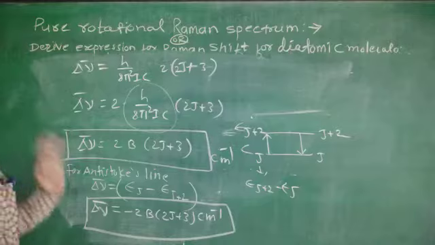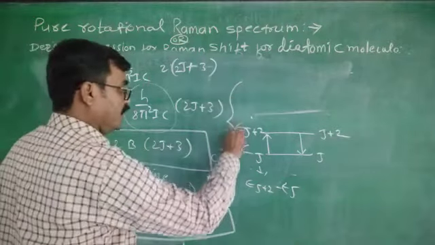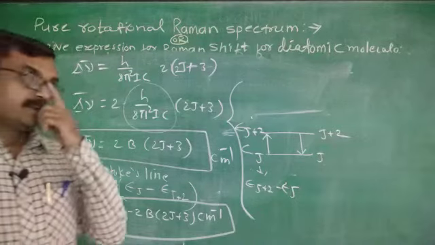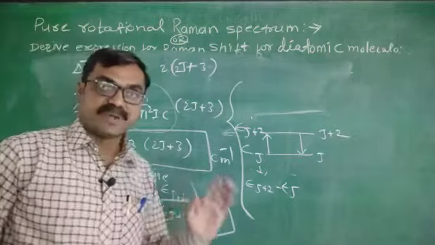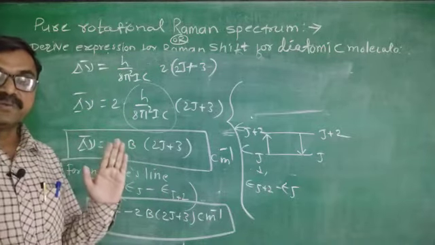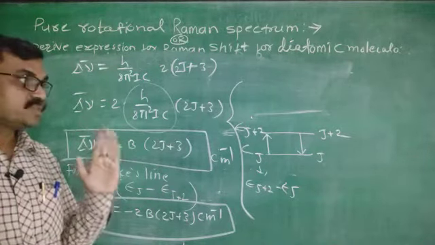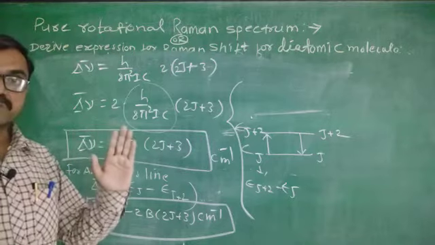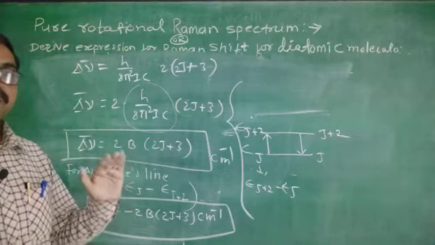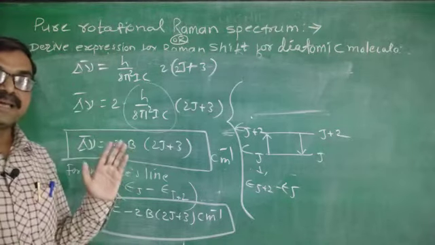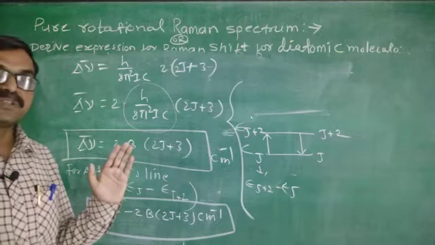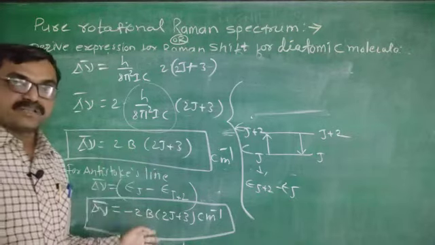Now this is a simple derivation, only you must know one important point: the selection rule for Raman spectrum. In rotational spectrum it will be delta j equals 0 and plus minus 2, plus 2 for Stokes lines, minus 2 for anti-Stokes lines. Plus 2 for Stokes lines, then delta nu bar is equal to epsilon j plus 2 minus epsilon j, and opposite to this for anti-Stokes lines.